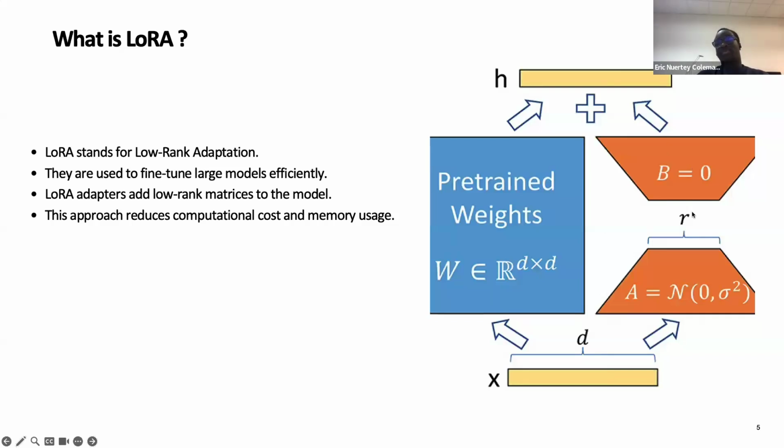You add these to specific layers in your pre-trained model, you keep the original weights of your pre-trained model frozen, and you update only these. Doing this, you update just a small fraction of the model's original parameters, and as I said earlier, with LoRA you're able to get comparable performance to your full fine-tuning.